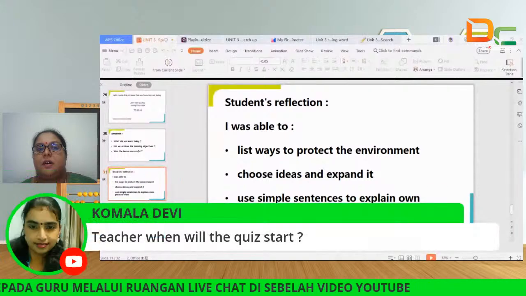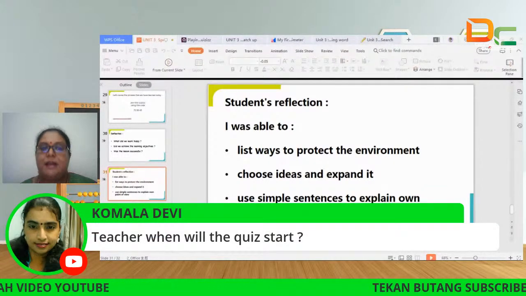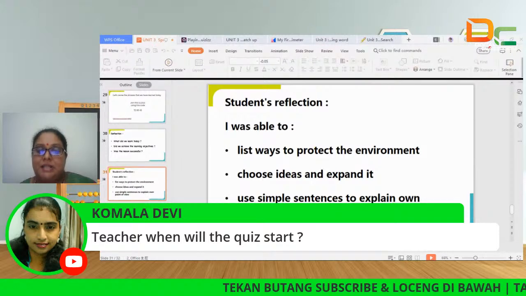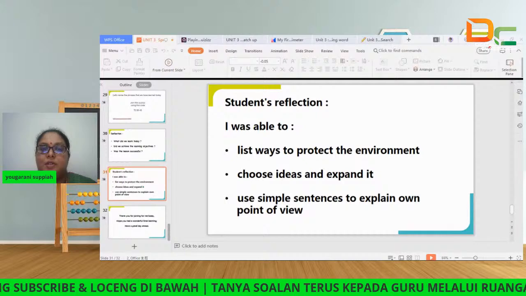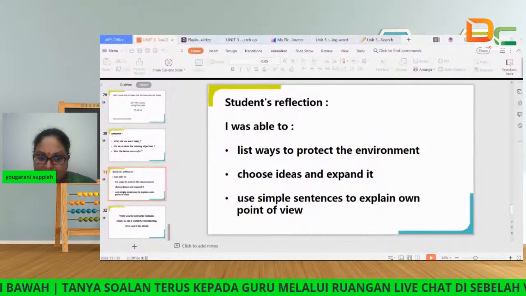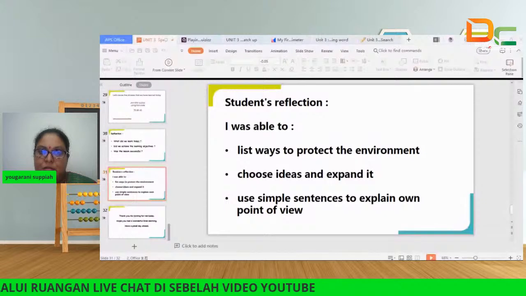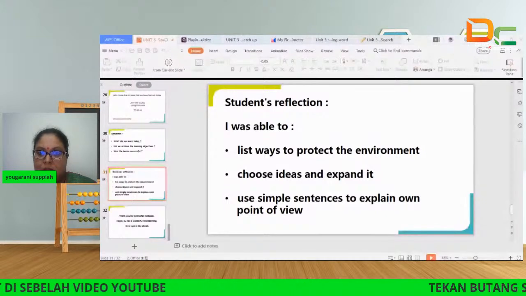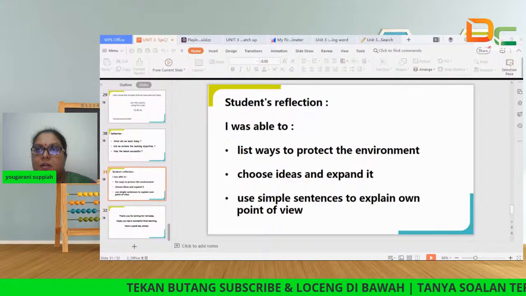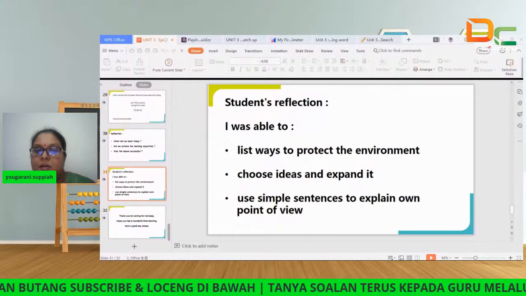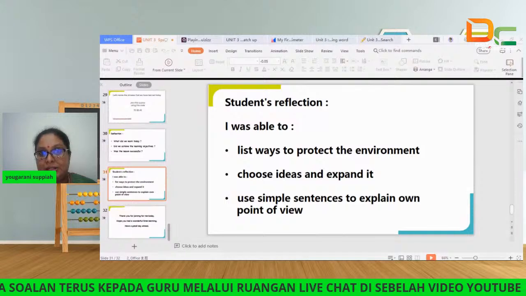Were you able to? If you were able to, then you can tick. I was able to list ways to protect the environment, choose ideas and expand it, use simple sentences to explain own point of view. Were you successful? Did you learn anything today?